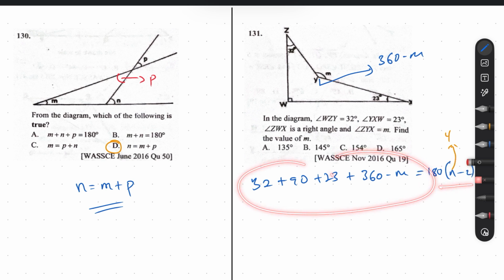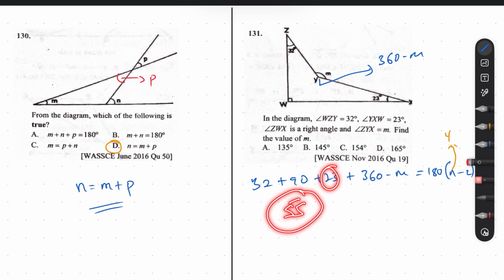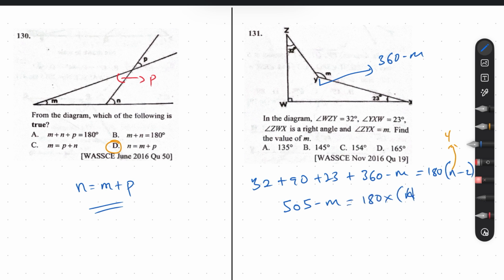When we add this, we have 32 plus 23, that will give us 55, plus 90, that's 145, plus 360, that will give us 505. So we have 505 minus m equals 180 times (4 minus 2), which is 2.